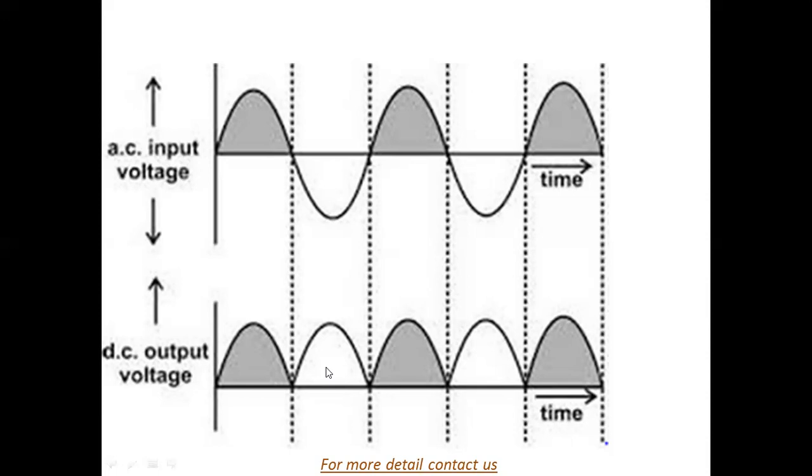But here we get advantages by using a bridge type rectifier. If any one of the diodes has a problem, such as a short circuit, the remaining diodes can still be operated like that. That is the advantage of using a bridge rectifier compared with the full wave center tapped transformer.